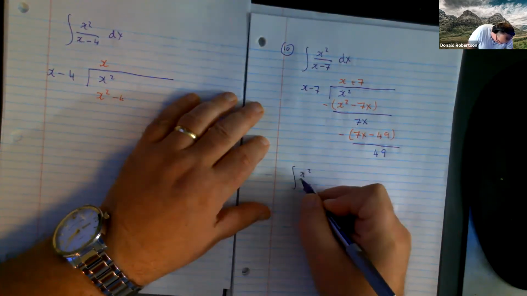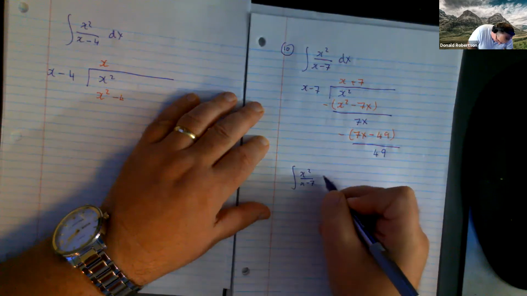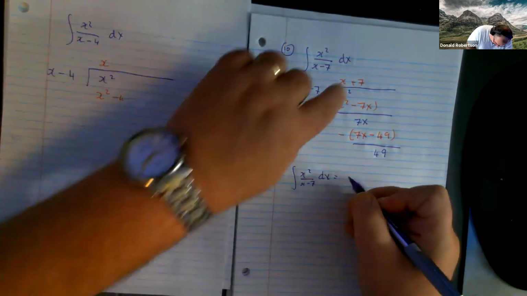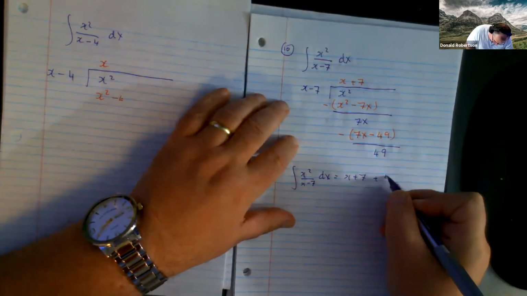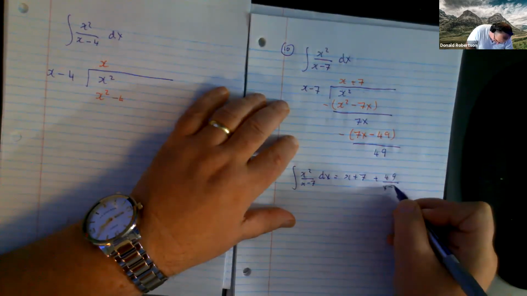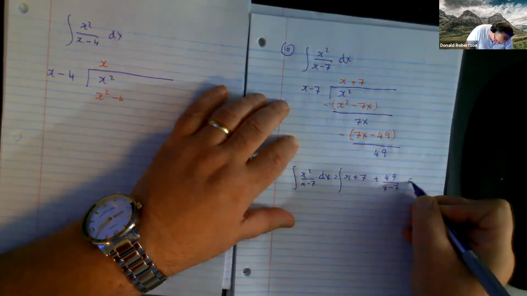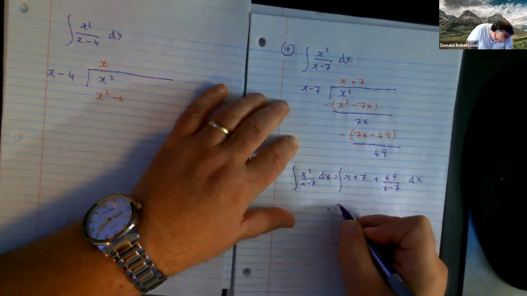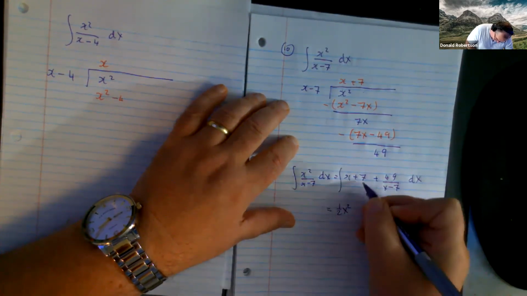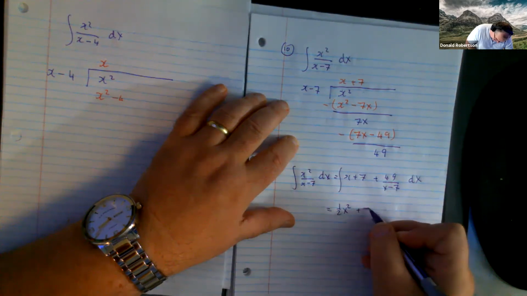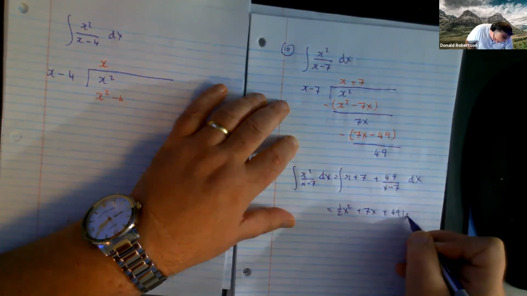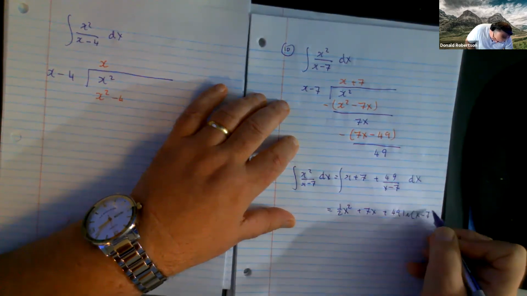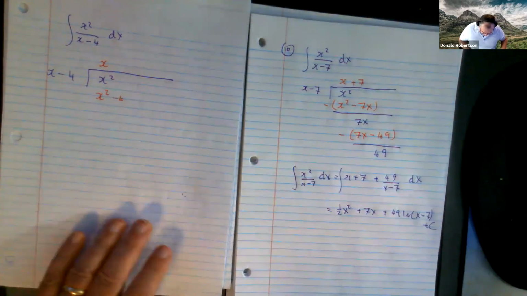This fella is x plus 7 with a remainder of 49 over x minus 7. And so the missing term is important, and this changes its value because of that. There, that should have been the right one.